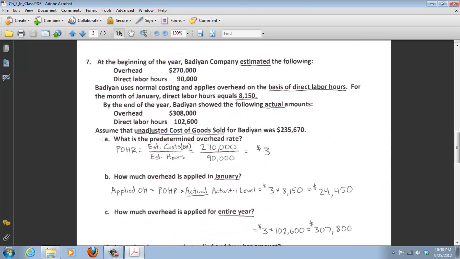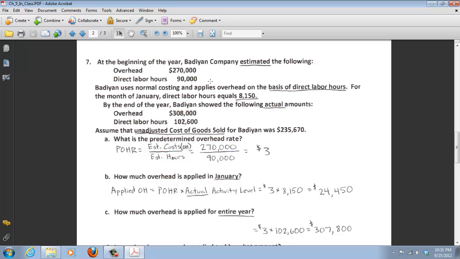So we'll start off here looking at A, and we are asked to provide the predetermined overhead rate. Going back to our equations, it's a simple calculation. We take the estimated costs or estimated overhead in dollars and divide that by the estimated hours.